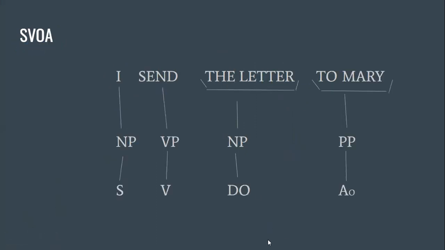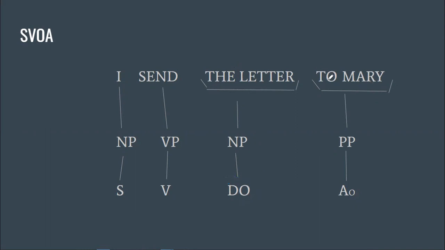Then we have SVOA, where the sentence is, "I sent the letter to Mary." And we have "I," a noun phrase acting as a subject, "sent," a verb phrase, so we have SV. "The letter," we have here a determiner and a noun, a noun phrase acting as a direct object, right?